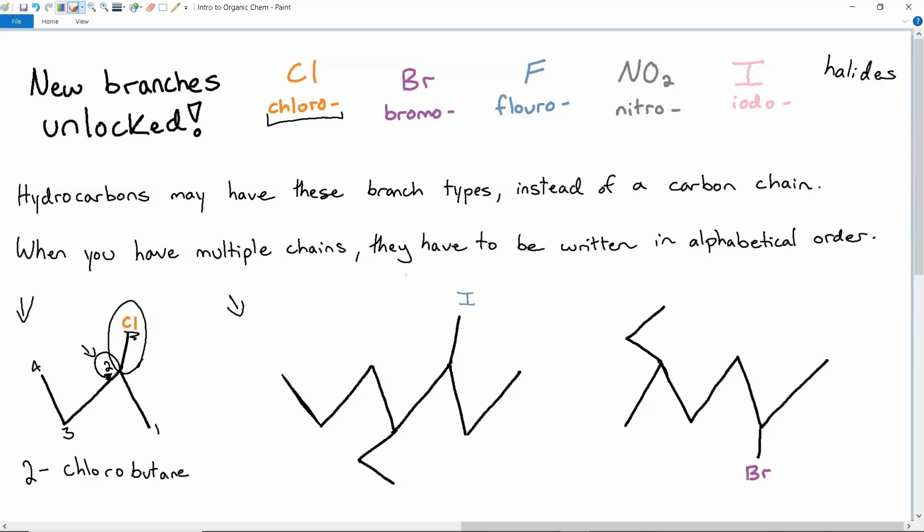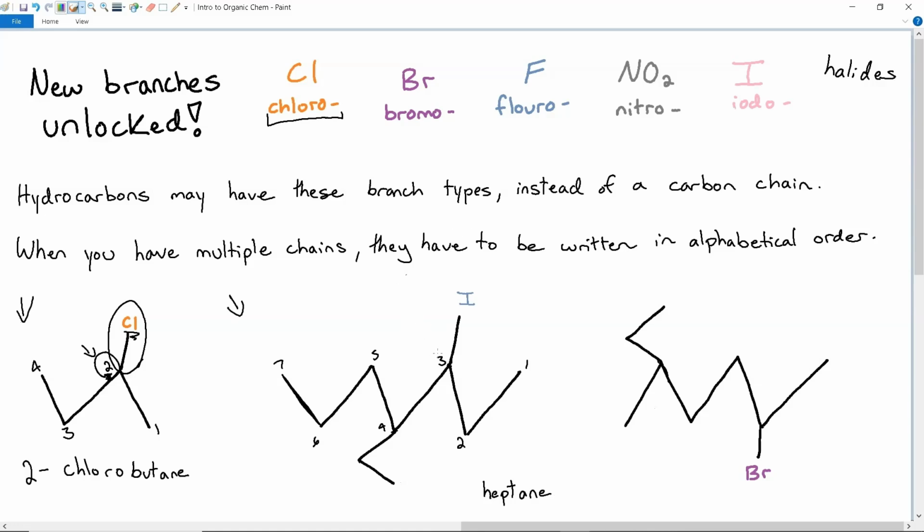Next one is a bit more complicated. Let's see what's going on here. Immediately I can tell that if I count from right to left, I should have the lowest numbering. So let's do that. And this time I have 7 carbons, and the prefix for 7 will be hept. So we have a heptane.